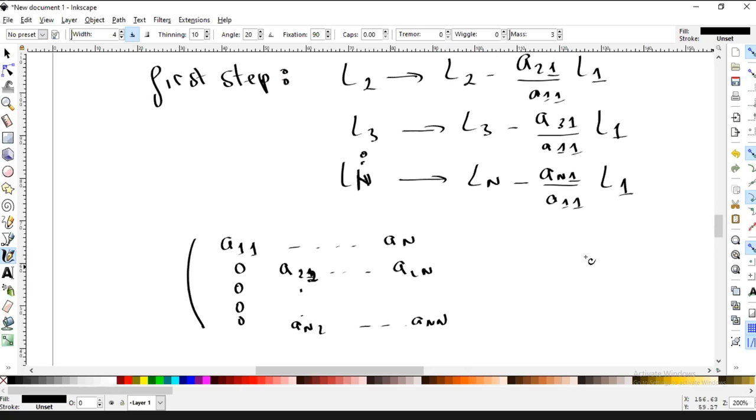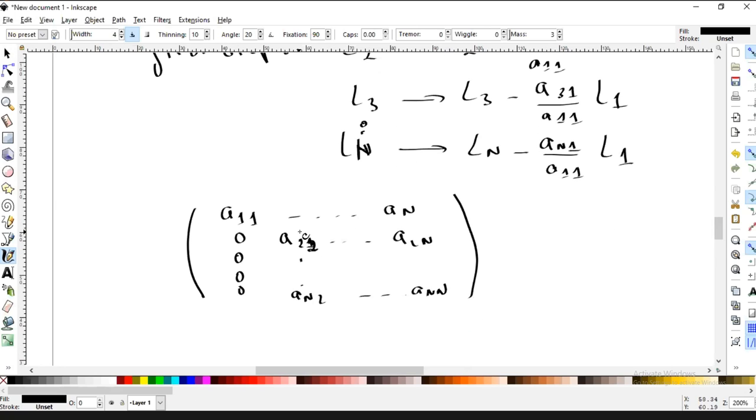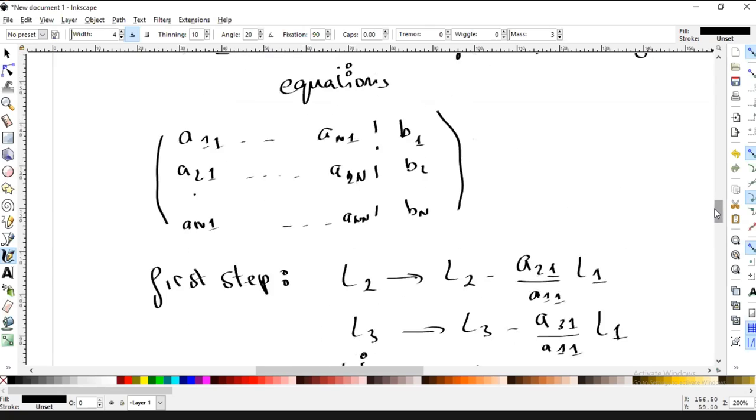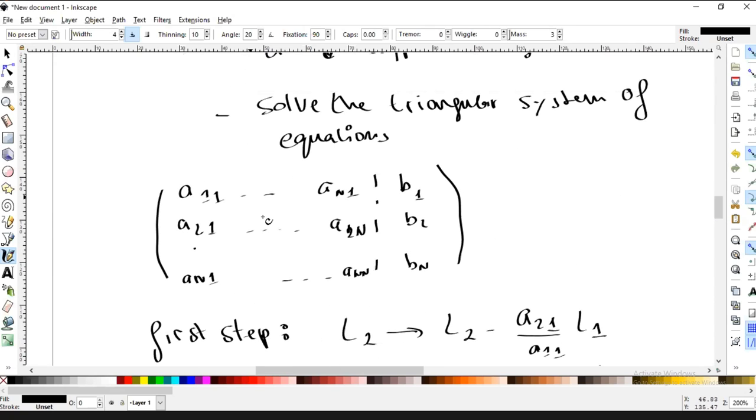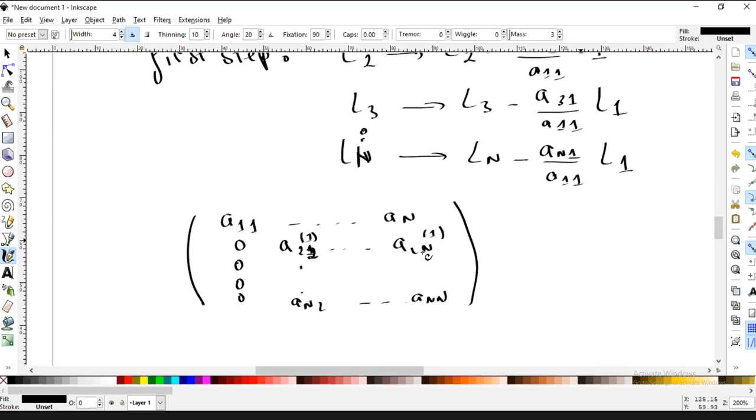Just for convenience, we won't use it in the program, I will put an index 1 on A22 because it is not the same as the original A22, since it has been subtracted. This means it's after the first step. So I got new values here.